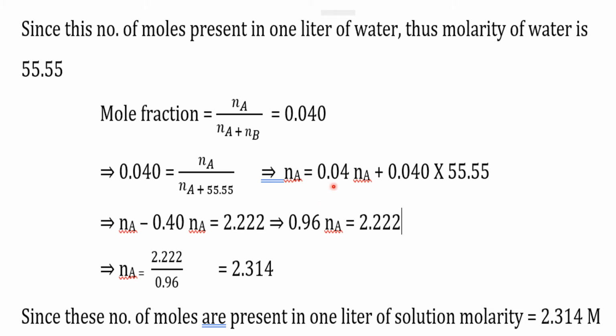Bring this 0.04 Na to this side: Na minus 0.04 Na equals 2.222, which is 0.96 Na equals 2.222. Therefore, Na equals 2.314. Since these moles of solute are present in 1 liter of water, the molarity is nothing but 2.314 m.